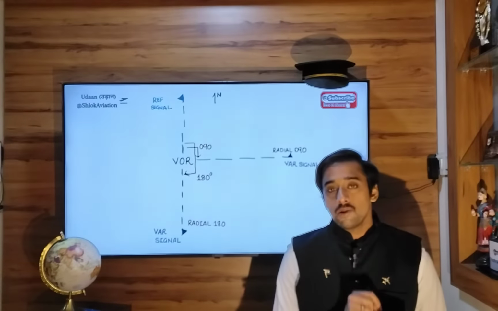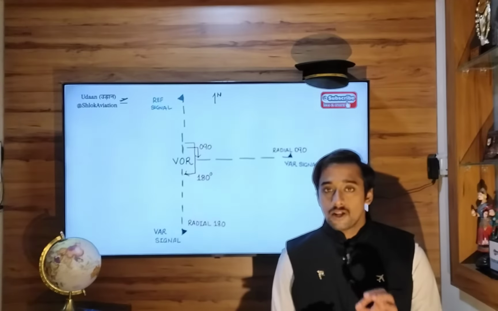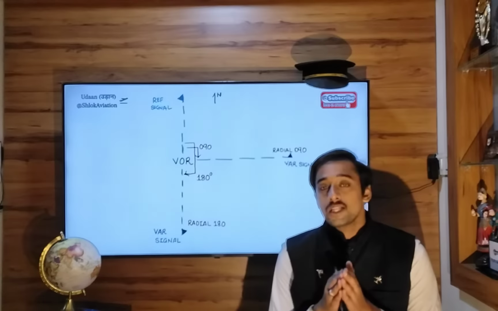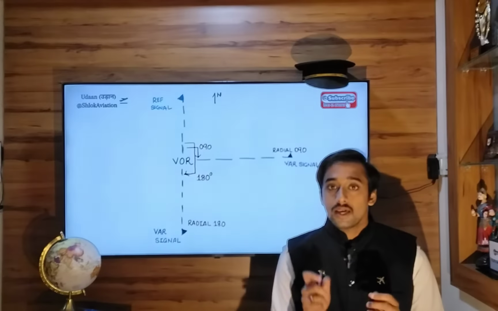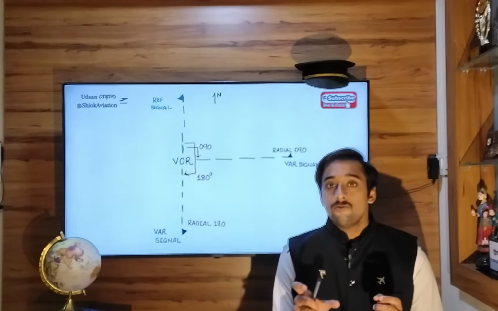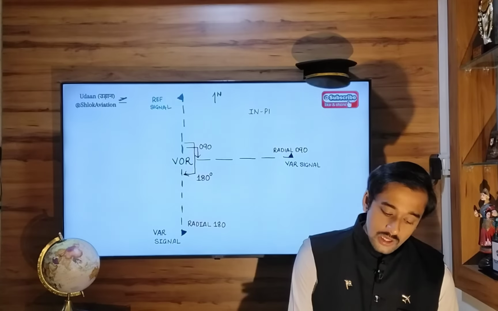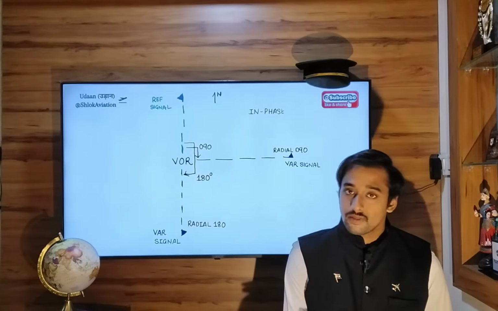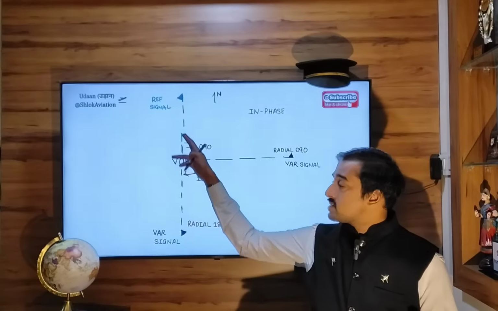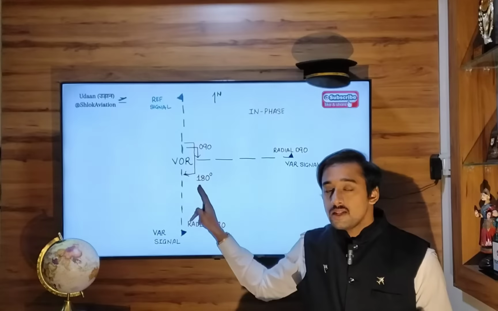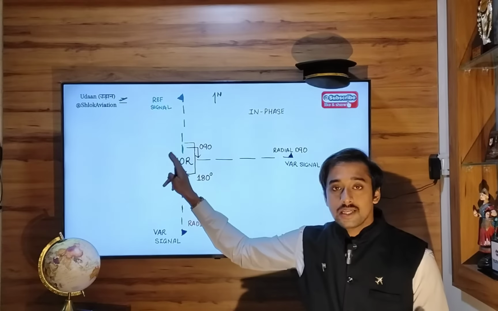But there is one particular direction in which this reference wave and variable wave will coincide or meet with each other. We call this to be in phase, meaning both the waves are coinciding. This is your reference signal, which is fixed in direction. This won't change, but the variable signal is going to continuously change.